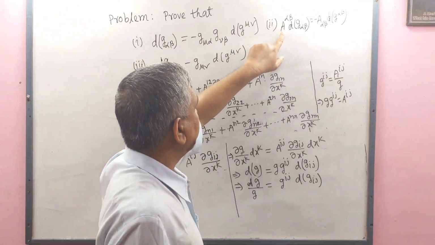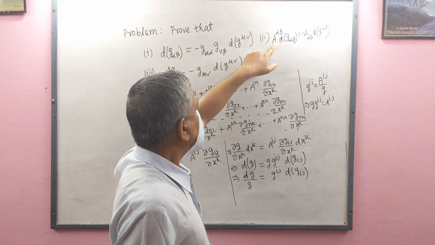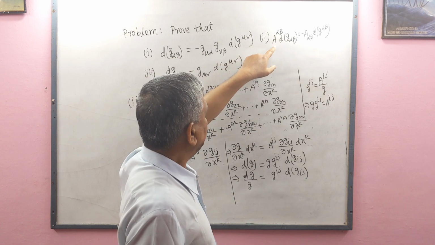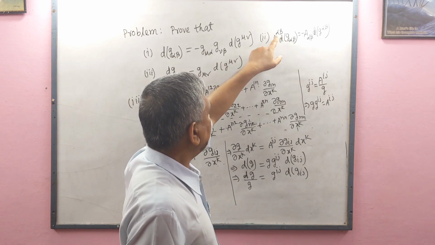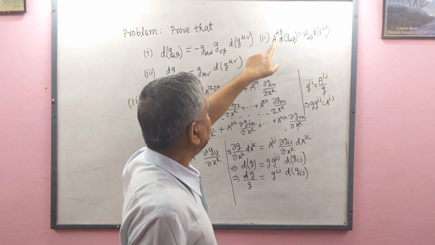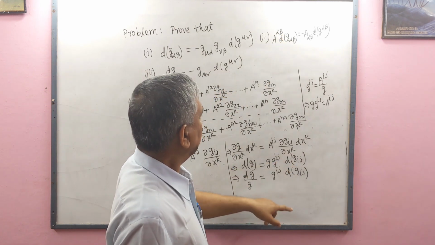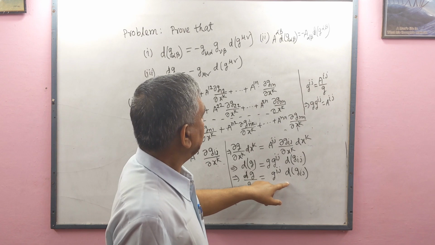If we take in place of a g alpha beta, means g alpha equal to i, beta equal to j, then gij into dgij this will be the same.